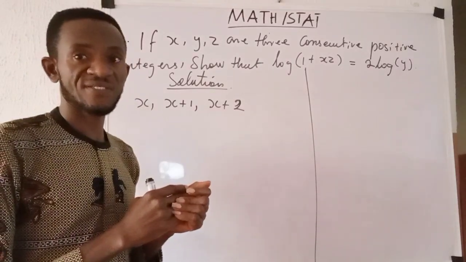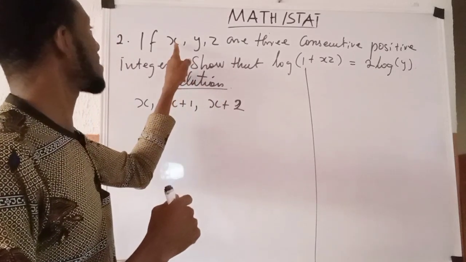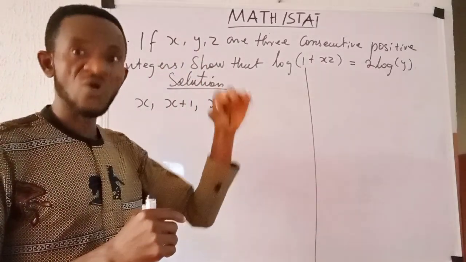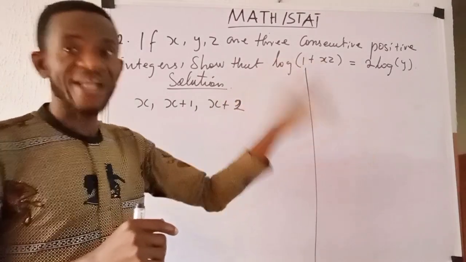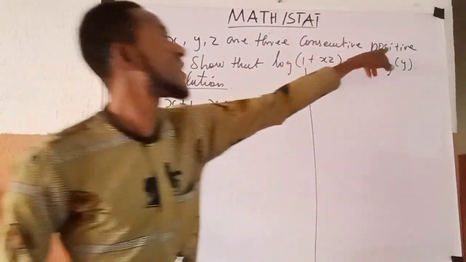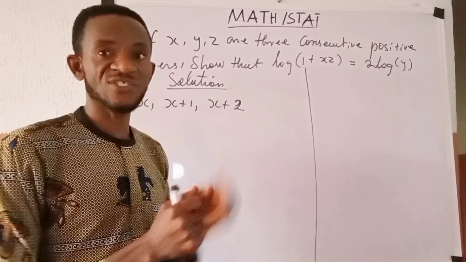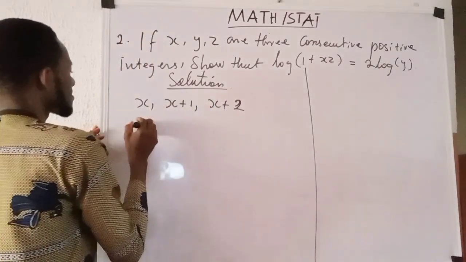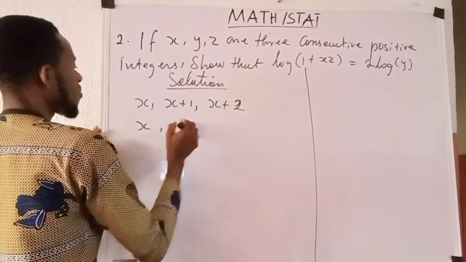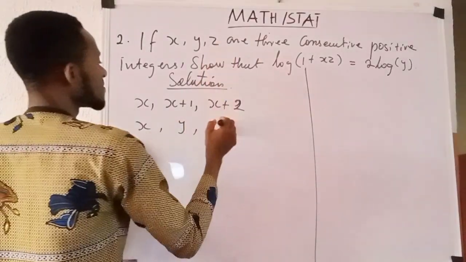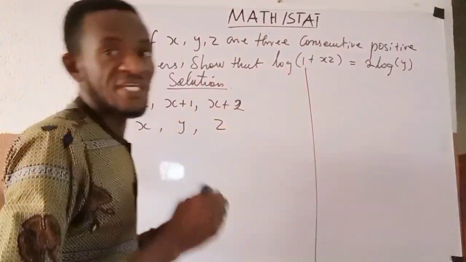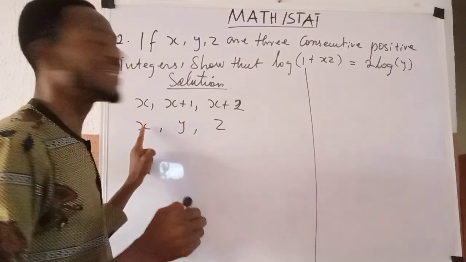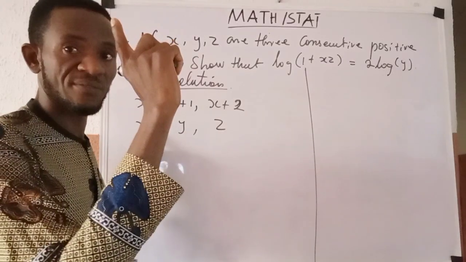So these are 3 consecutive numbers where the first number is x. I've been told that these x, y, and z are 3 consecutive numbers, and in addition to that, they are positive integers, not negative integers. So if I have x, y, z, it appears that this y you are seeing is greater than this x by 1.